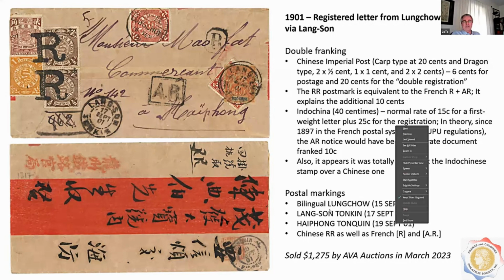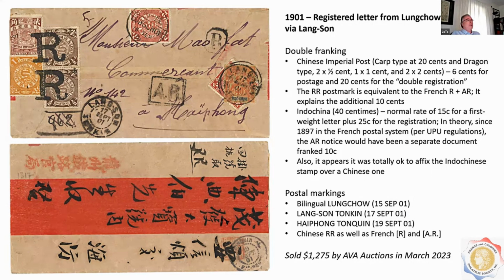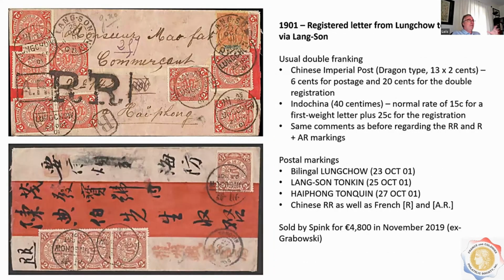Another interesting letter. We have a very similar one here, where again the registration number has been struck and rewritten. So I guess the registration number is changed to go from the Chinese system to the Indo-Chinese system when the letter crosses the border.